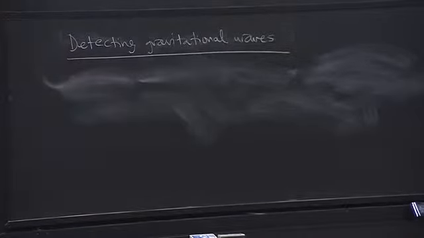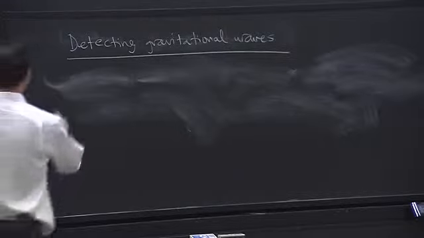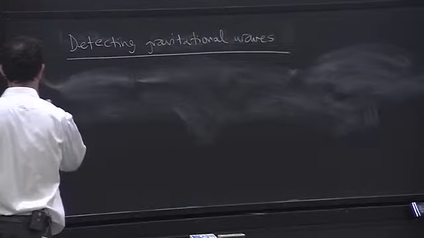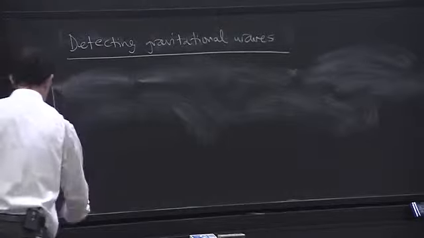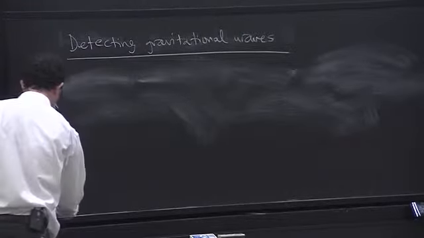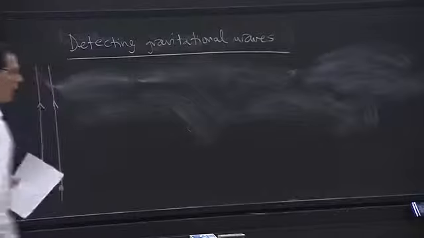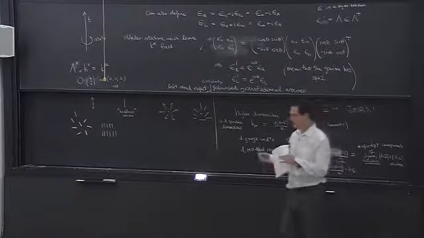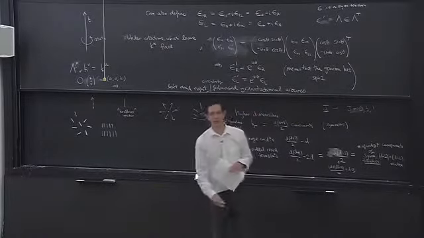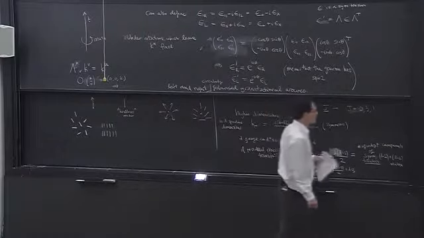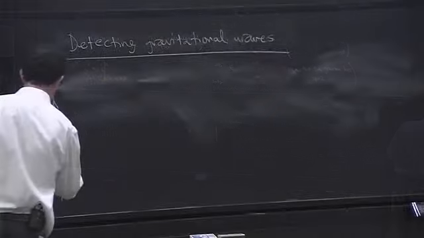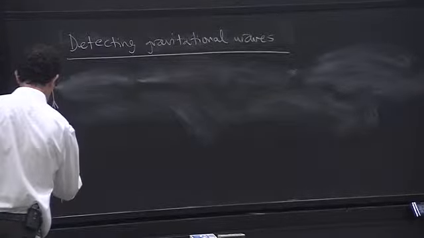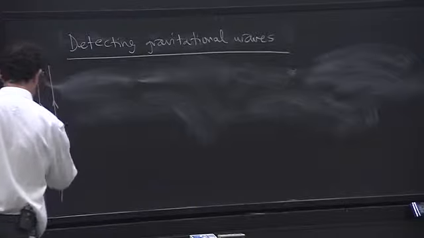There's a very nice way to see this. If you remember, we discussed the motion of two particles. We call them test particles. These are particles that are just falling in a gravitational field using the geodesic equation. Then we derived an equation for the separation of those two world lines.